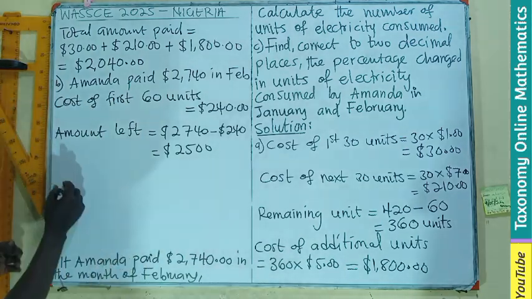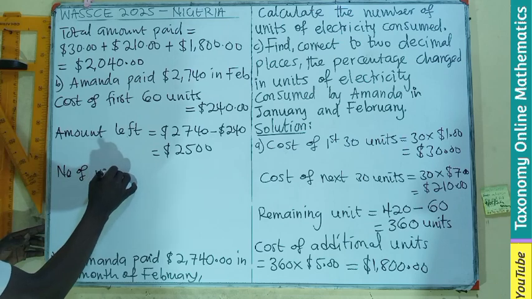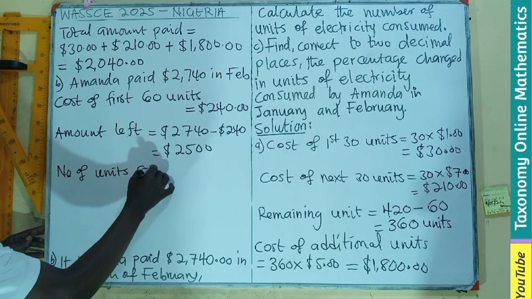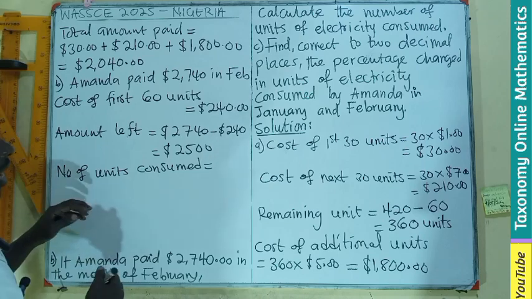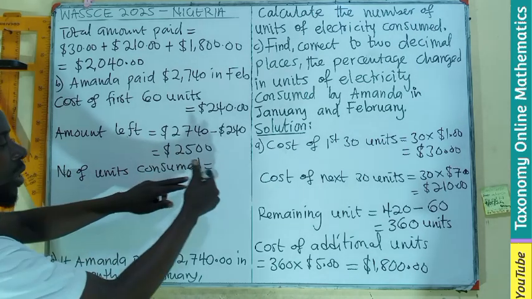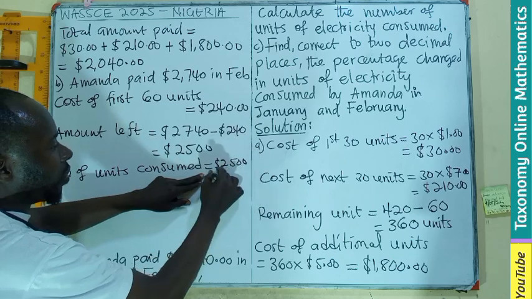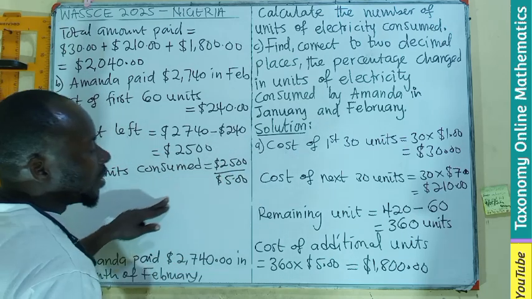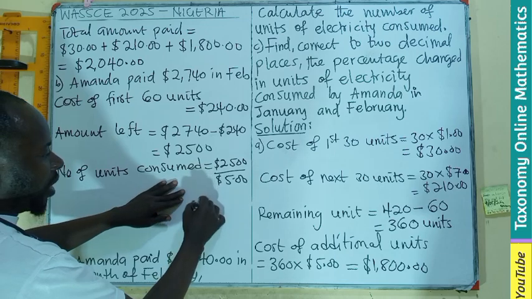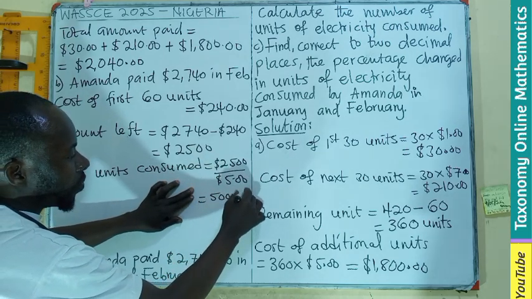So the number of units consumed is going to be the amount we have here, which is 2,500, divided by a unit cost of $5, and that will give you 500 units.